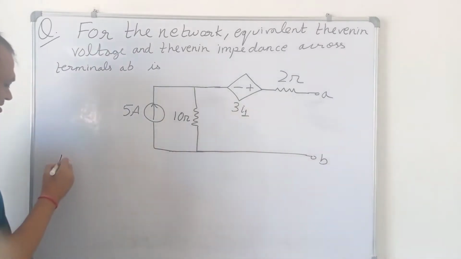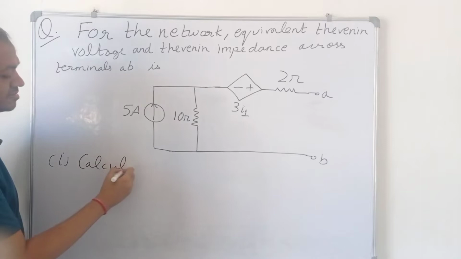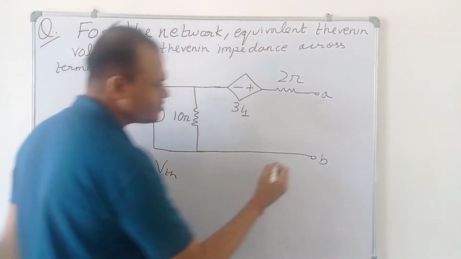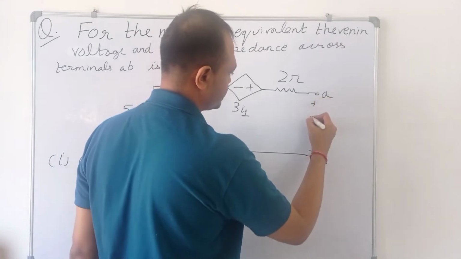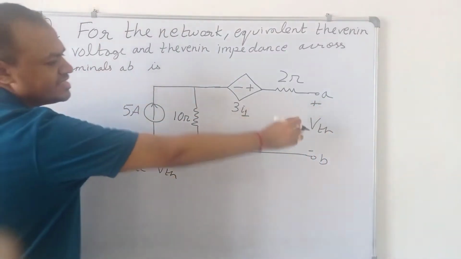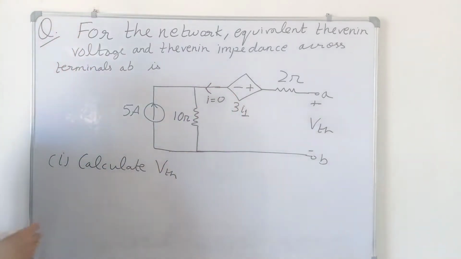So first we will calculate VTH. Let this voltage be VTH. This is an open terminal, so obviously this current I is equal to 0.